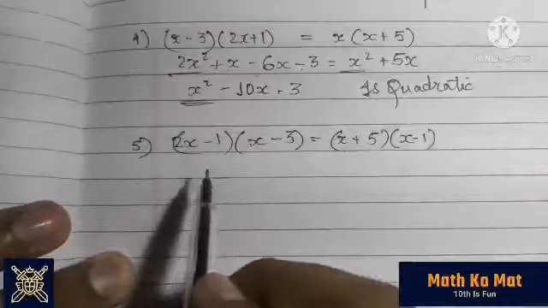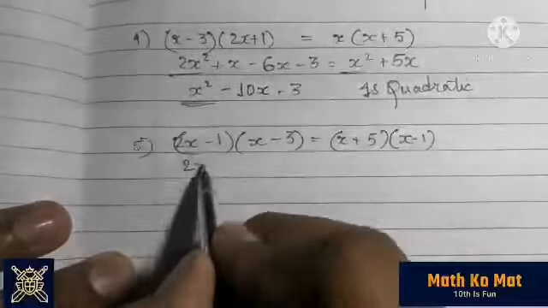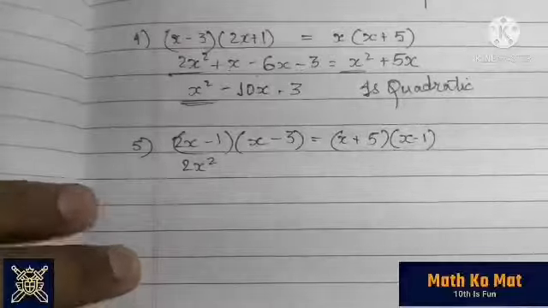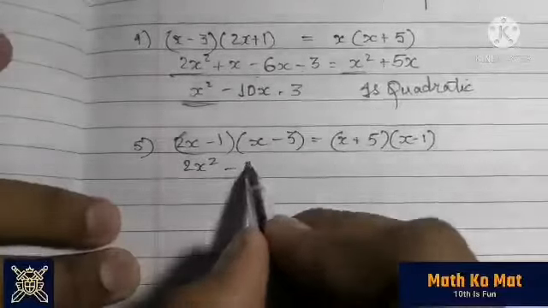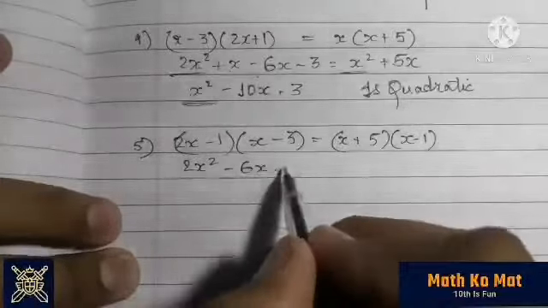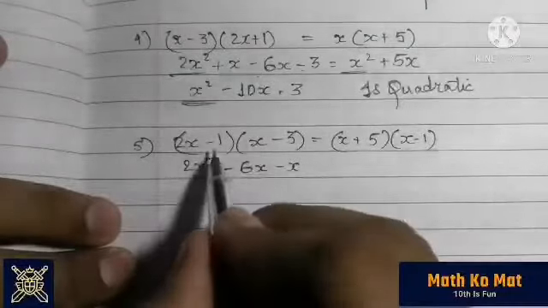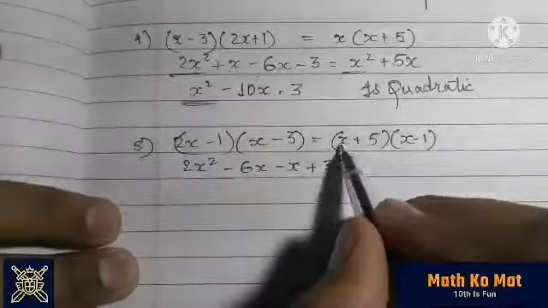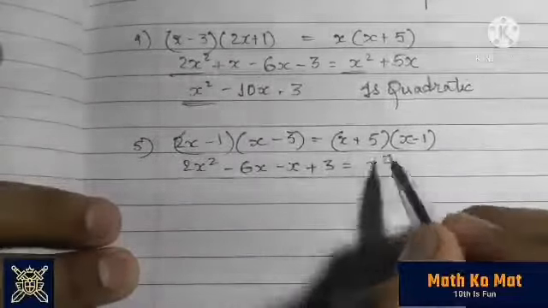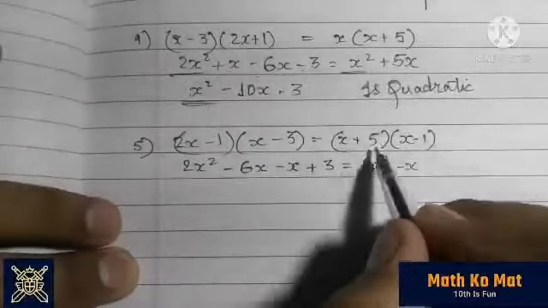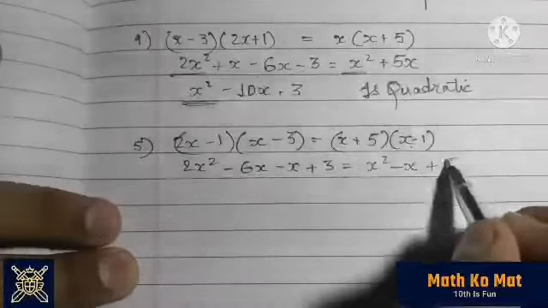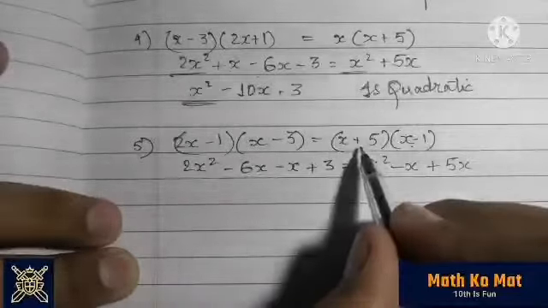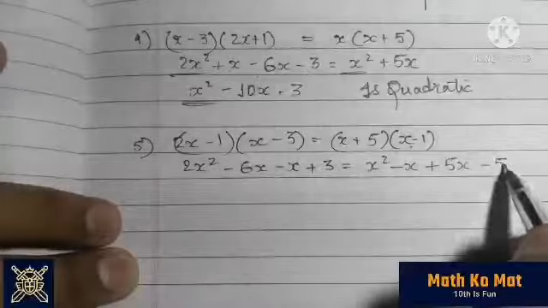Now again let's multiply this. 2x into x will give you 2x². 2x into −3 will give you −6x. −1 into x, so −x. And −1 into −3 will give you +3. And here you have it equal to x into x, x². x into −1, −x. 5 into x, so +5x. And 5 into −1, so −5.